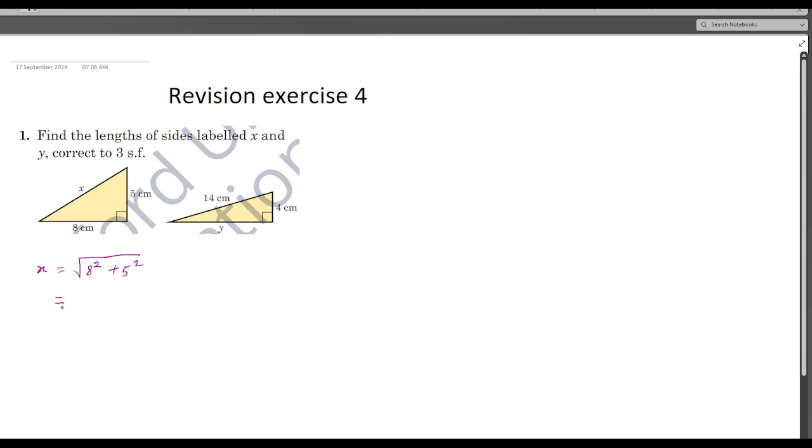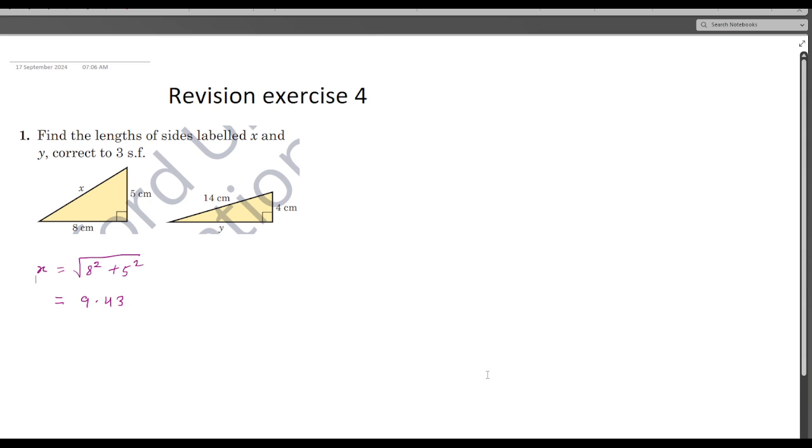This gives you x is equal to, using your calculator, 8 square 64 plus 5 square 25, and the square root of that, square root of 89, is 9.43. We have to write the answer in three significant figures, so the answer is 9.43.